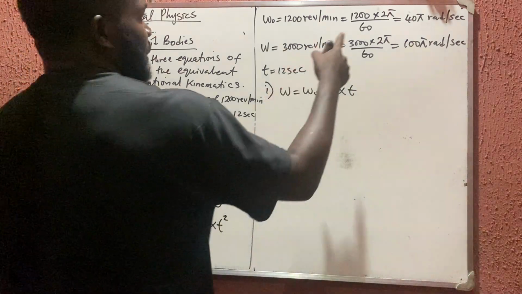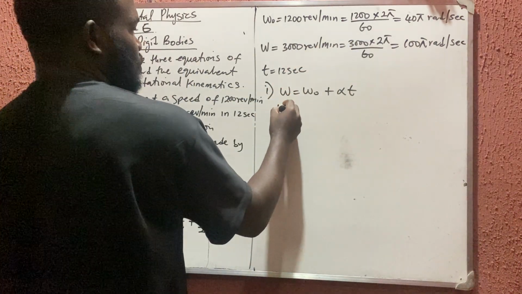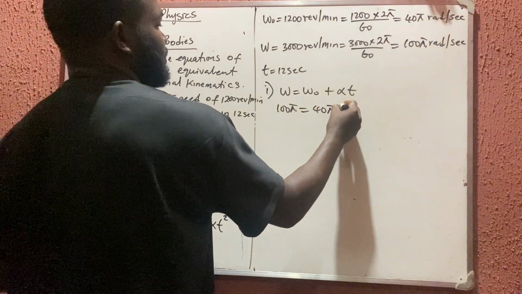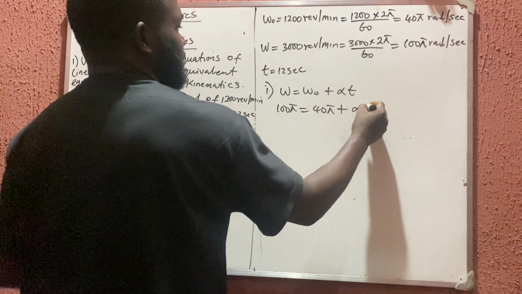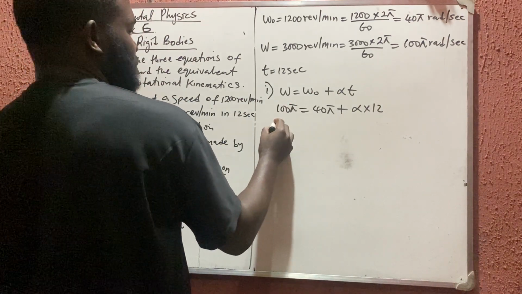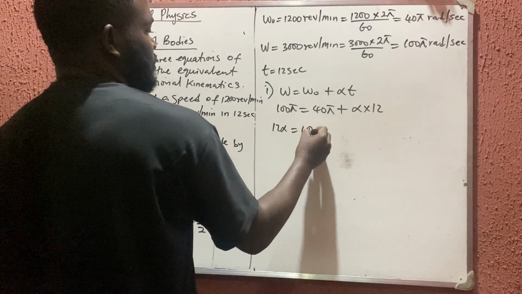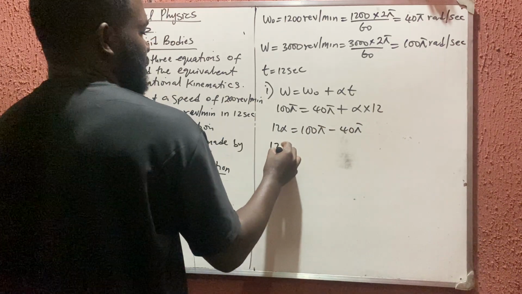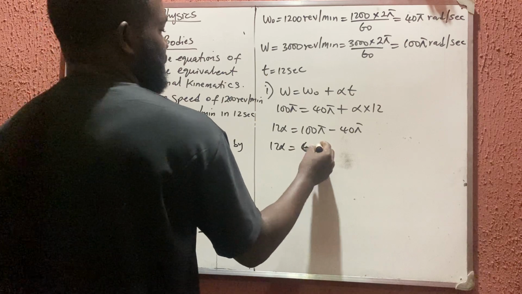So 100 pi is equal to 40 pi plus alpha times 12. So 12 alpha is equal to 100 pi minus 40 pi, so 12 alpha is equal to 60 pi.